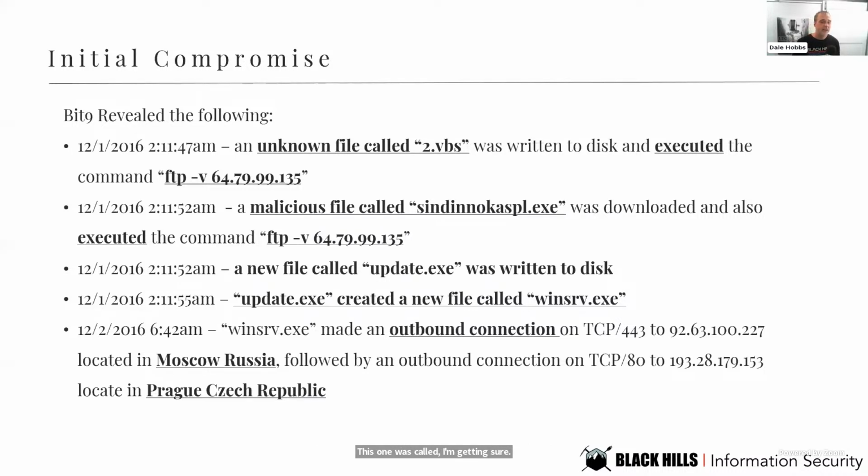This also launched an FTP connection to the same external FTP server, at which point a new file called update.exe was dropped on the disk. That created a new file called winsrv.exe. That file slept for a few hours and then made an outbound connection on TCP port 443 to an IP address located in Moscow, followed by another connection on port 80 to an IP address located in Prague, Czechoslovakia. So that's how the initial infection played out.